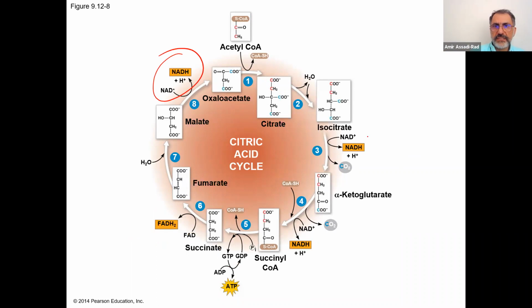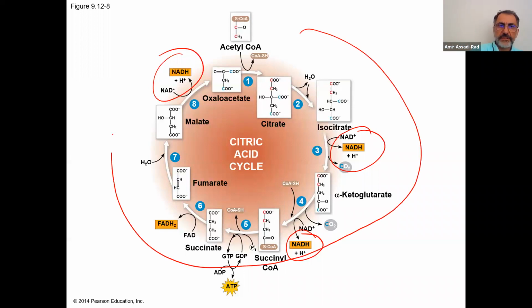So in the cycle, you made 3 NADH one time. The cycle goes around one time. But remember, the glucose molecule you ate this morning makes 2 pyruvate. 1 glucose makes 2 pyruvate. So the cycle goes around twice. One cycle gives 1 FADH2 and 1 GTP.